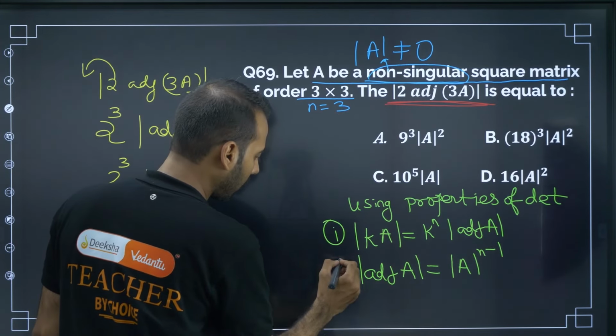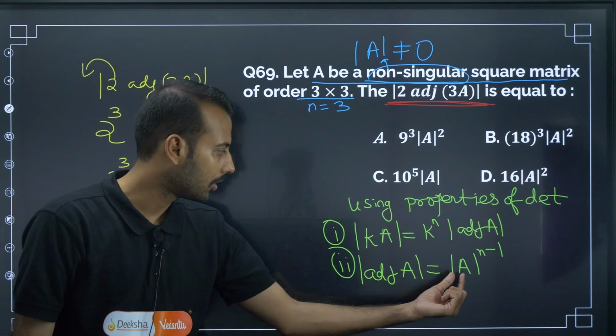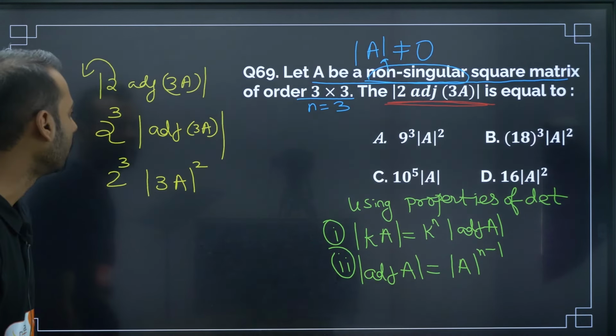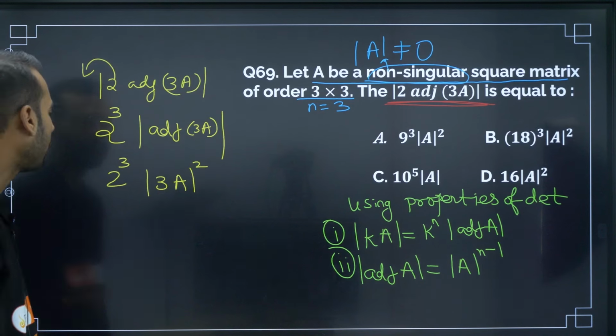So this is the first property, this is the second property. Determinant of A, n is 3 here, so I am writing the power 2.